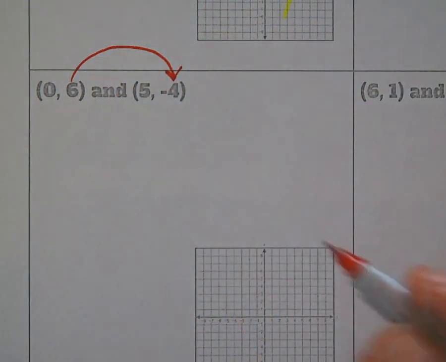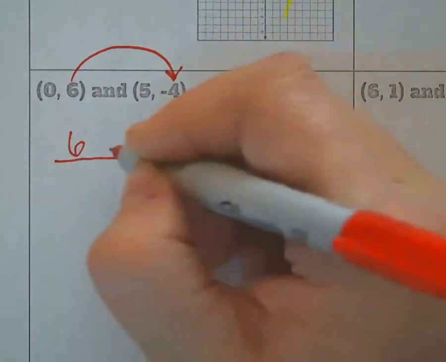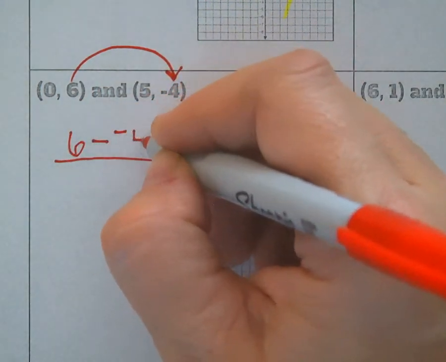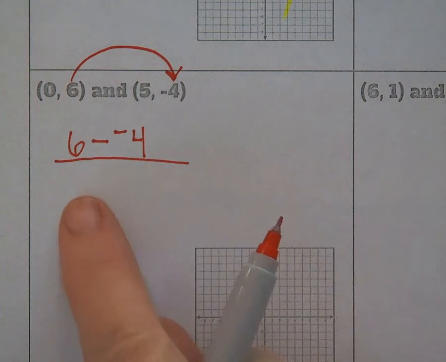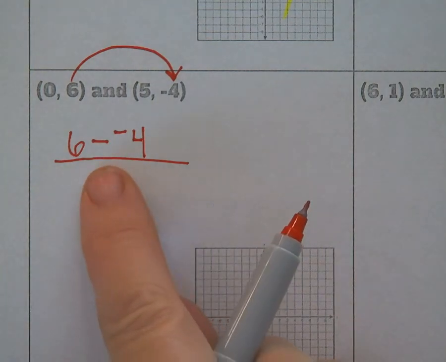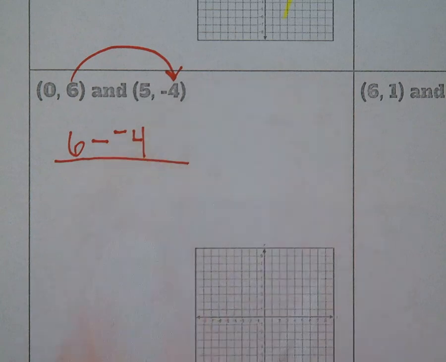And I'm going to say that my numerator is 6 minus negative 4. So we are always subtracting the y values, and we're subtracting even if the y value is negative. We have to do two symbols here.